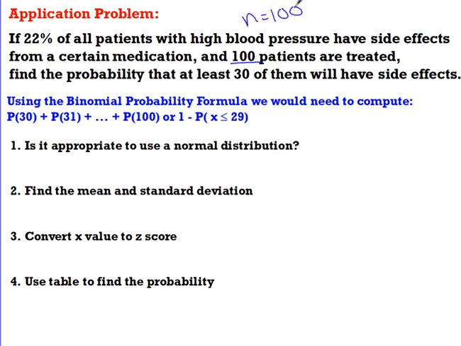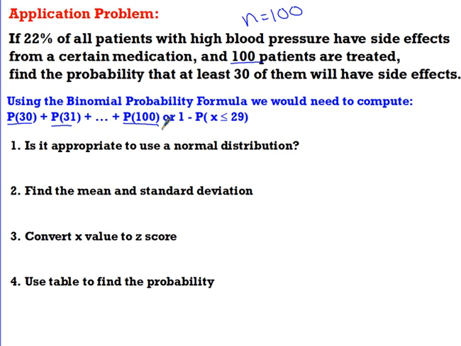Okay? If you include 0, that's 101 rectangles. Find the probability that at least 30 of them will have the same side effect. So at least 30 is 30, 31, 32, 33, 34, 35. Add them all up all the way to 100. You're going to end up doing that formula a lot of times.